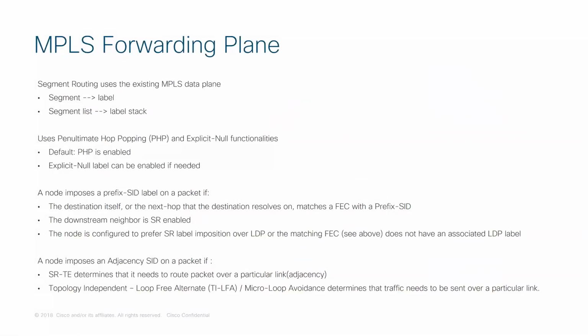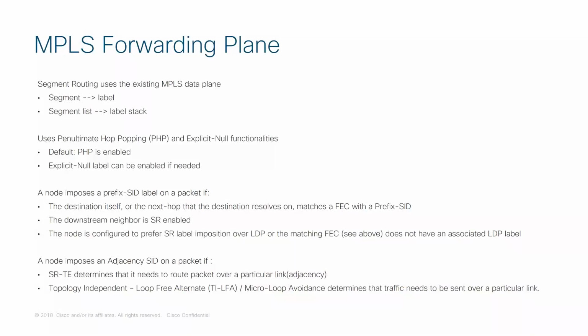But if you have other prefixes which are not loopbacks, you can have 1,000 routes in your routing table. In that case, you can manually assign a label to them in SR, and then they become prefix SIDs. But node SID is nothing but a prefix SID allocated to the loopback. If you are assigning prefix SIDs to 1,000 routes, it's similar to LDP.